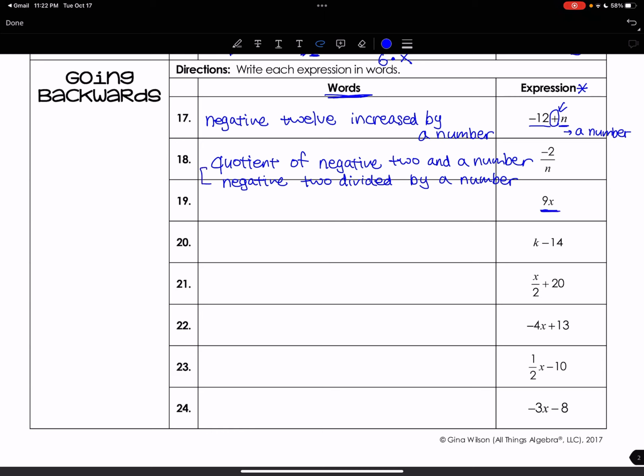Both are correct. And the next one, a number multiplied by 9. Or you could say the two values are multiplied, so a product of 9 and a number.